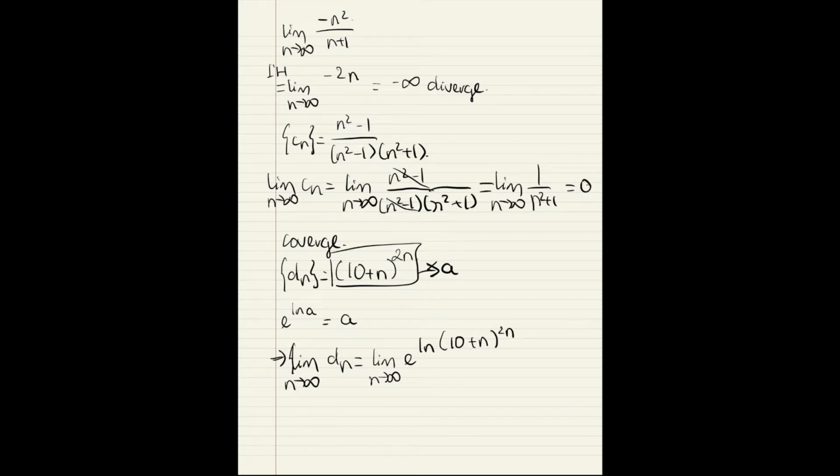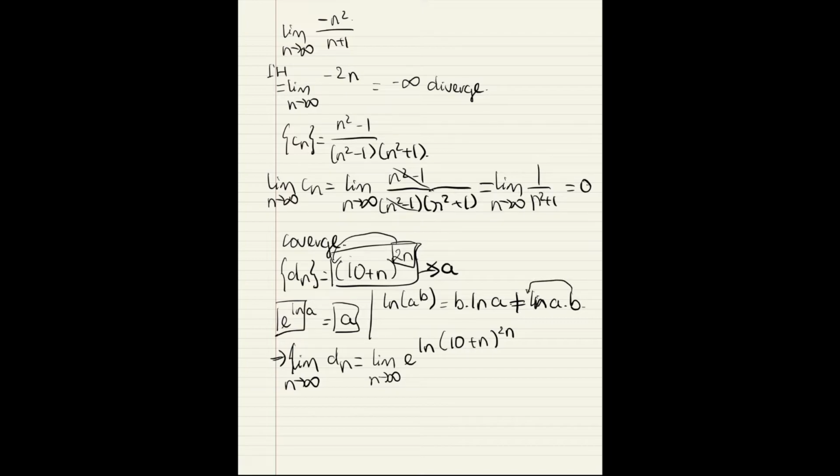Some of you are going to ask, why do I need to apply this rule? Basically, I just want to bring this exponent down. That way I can use the rule ln of a to the b equals b times ln of a. It is not equal to ln of a times b. Just write this b in front.